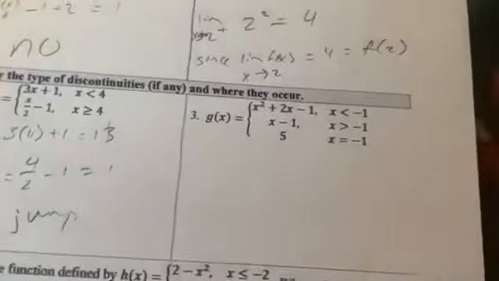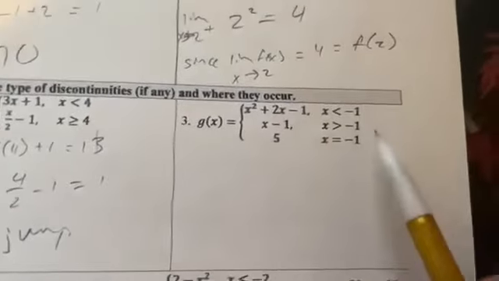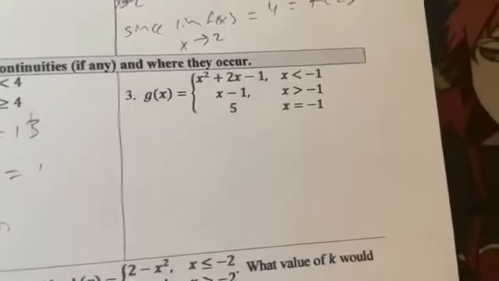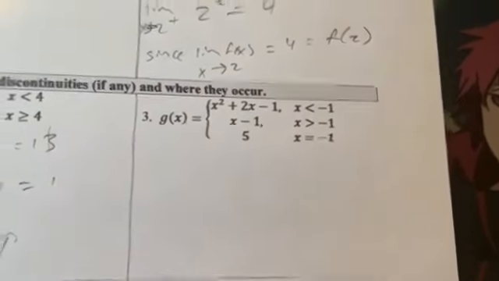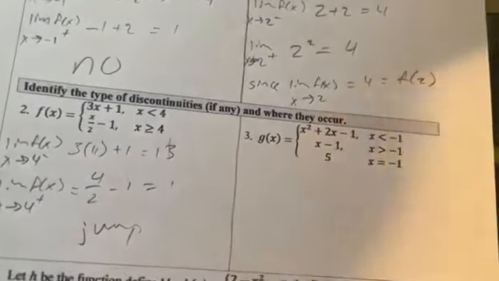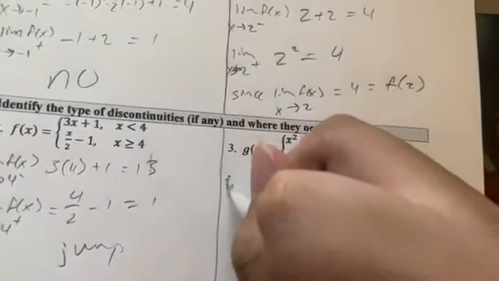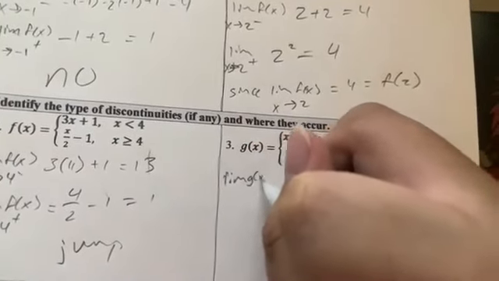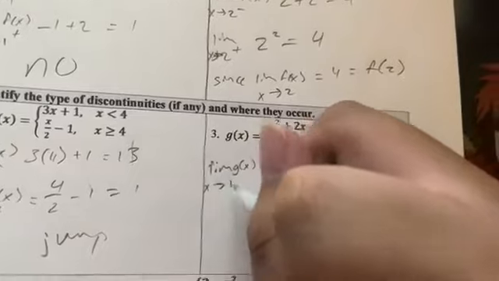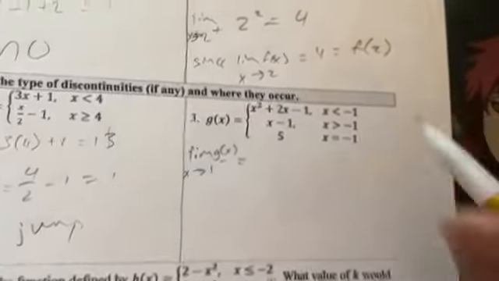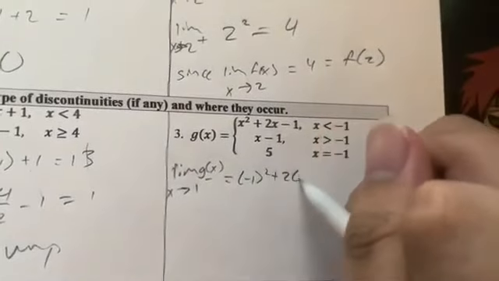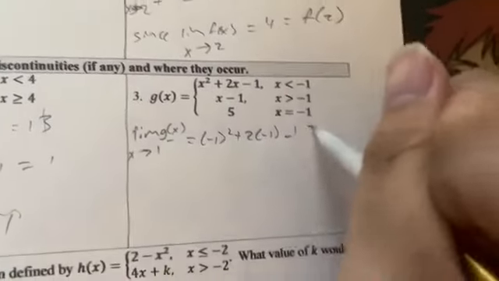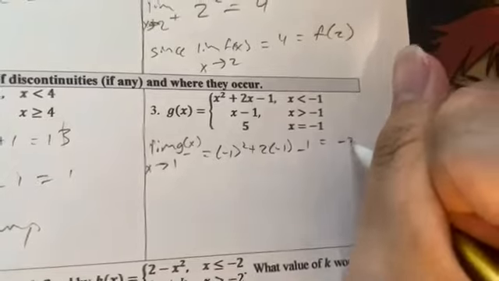For this one, we're going to be wanting to check the limit at -1. So check it from both sides. The limit of g of x as x approaches -1 from the left, less than, so we use this one, -1 squared plus 2 multiplied by -1 minus 1 equals -2.